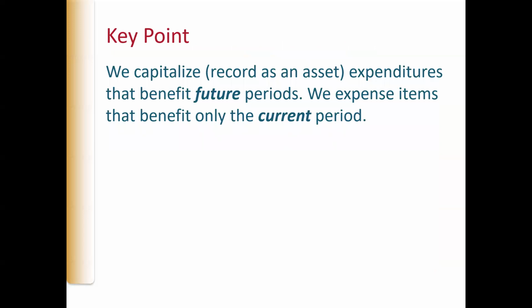Remember, we treat it as an asset, or we record it as an asset if these costs benefit future periods. But we treat it as an expense if it will only benefit the current period. Okay?